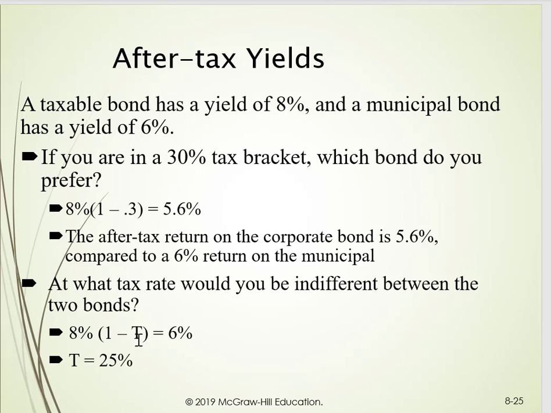Our formula, basically, you just solve for T. And if you solve for T here, we find out that the tax rate that makes these two bonds indifferent, we don't care which one we buy, is 25%. So if your tax bracket's greater than 25%, you would want to buy the municipal. If it's less than 25%, you would like to buy the corporate bond.